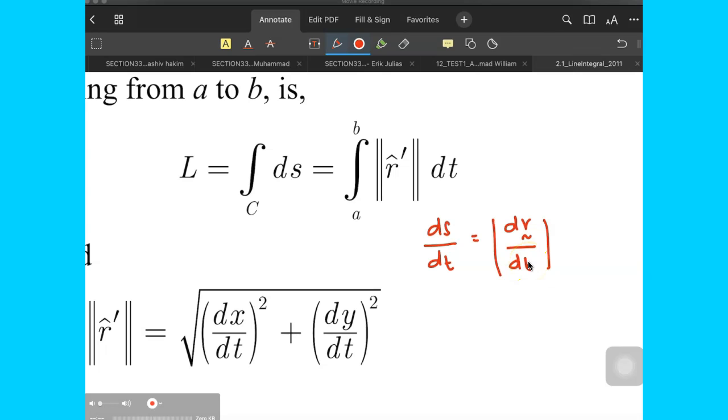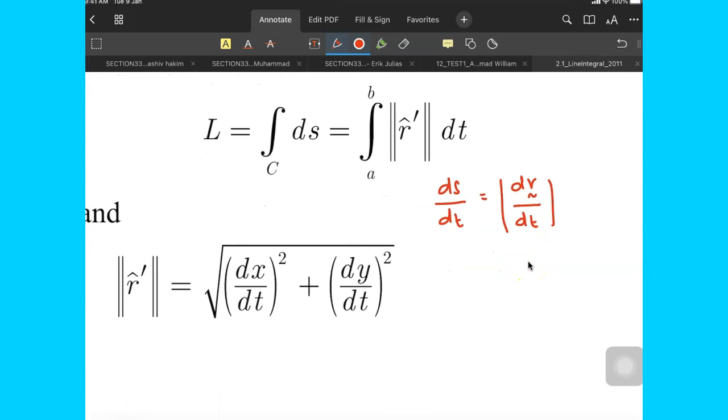Because we are only interested in finding the ds, ds is the magnitude of dr over dt, multiplied by dt. So this is actually the magnitude of r prime t, times dt.